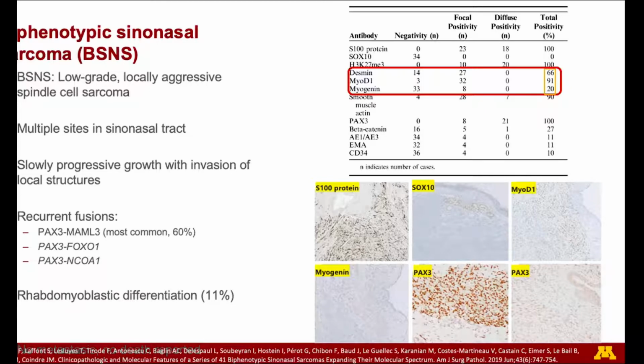They reported desmin was positive in 66%, and MyoD1 was positive in 91%, but myogenin only showed positivity in 20% of these cases. We can also use PAX3 for these cases. PAX3 can be positive in some of these cases diffusely, and you can see over here.